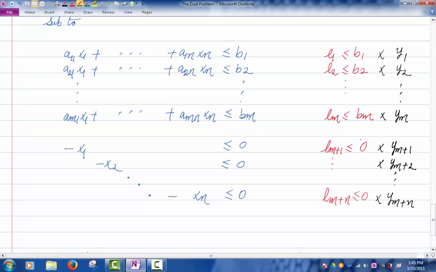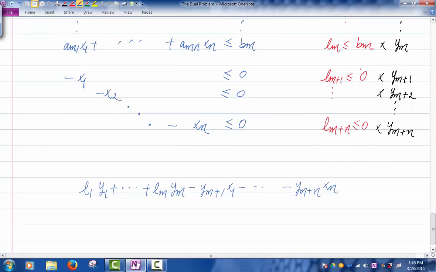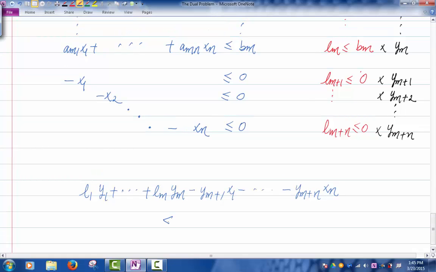Do I get anything on the right hand side from the other ones? 0. All of them are 0, right? So on the right hand side, I am getting b1 y1 plus dot dot dot bm ym, because for the last n constraints, we get 0 on the right hand side. So this is what I get here.